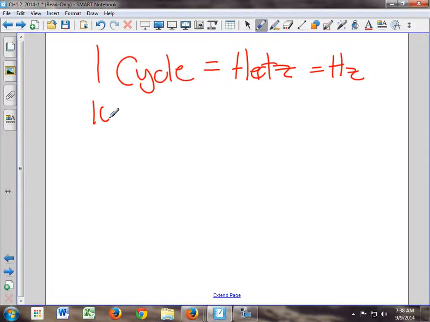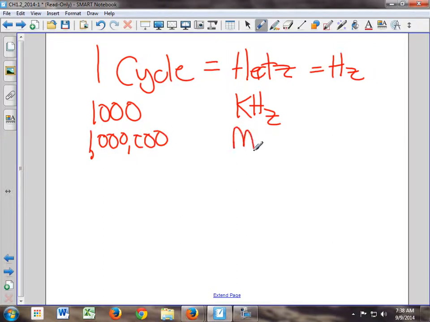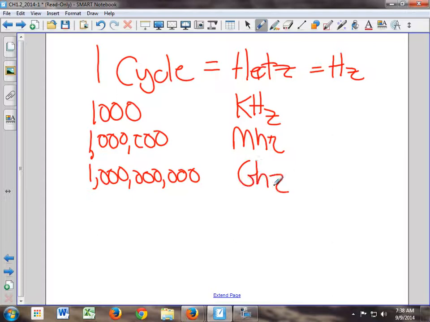1,000 cycles is a kilohertz. 1 million cycles is a megahertz. 1 billion cycles per second is a gigahertz.